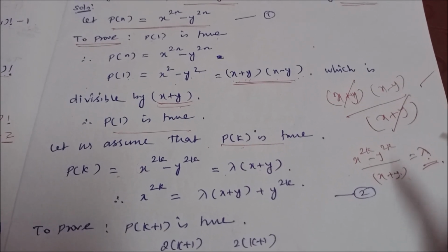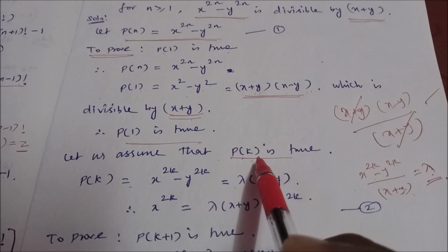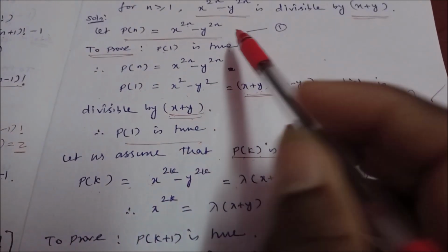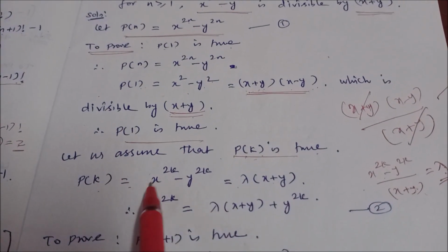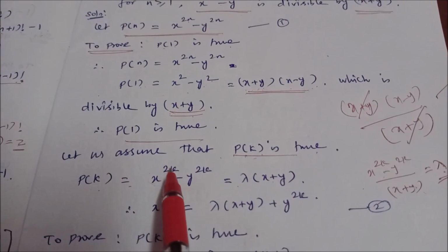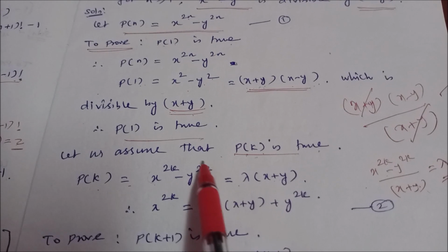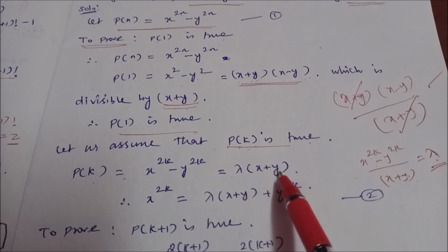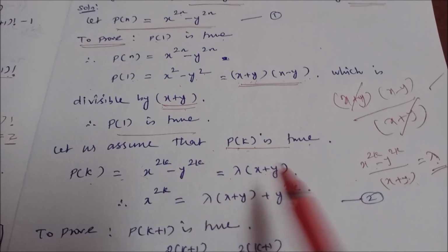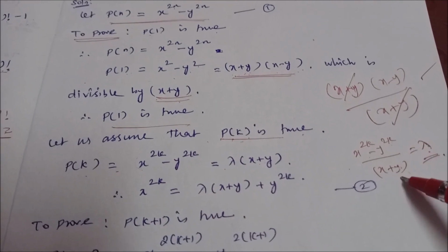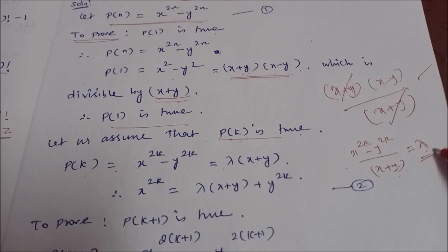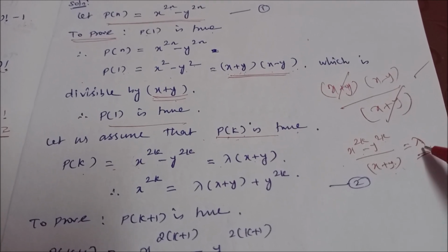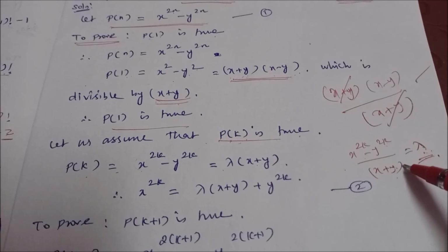It is clear that P(k) is true, meaning that k satisfies the given equation. So replace n by k. x^(2k) − y^(2k) is divisible by x + y. Divisible by x + y means that this term divided by x + y equals some value.